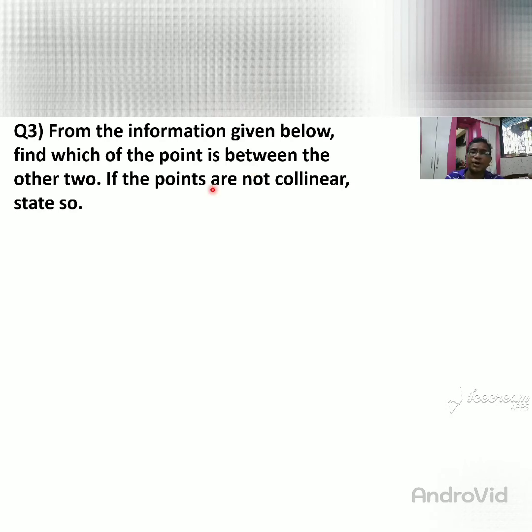If the points are not collinear, not collinear means the points are not on the same line, that is called non-collinear. Non-collinear means all the points are not on a single line. Some of the points are on a line and some of the points are out of the line. So that is called not collinear.